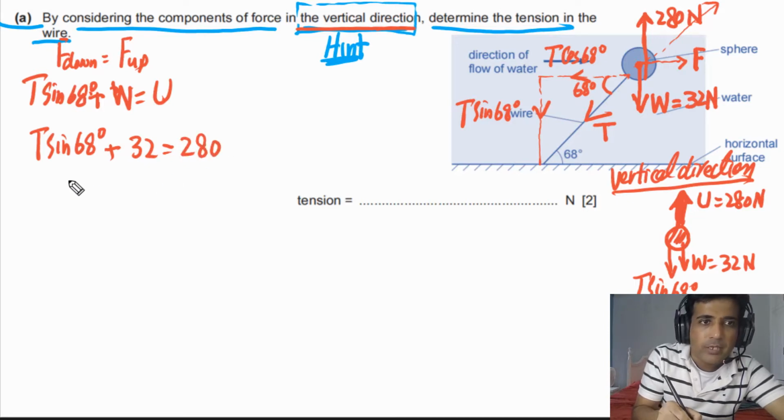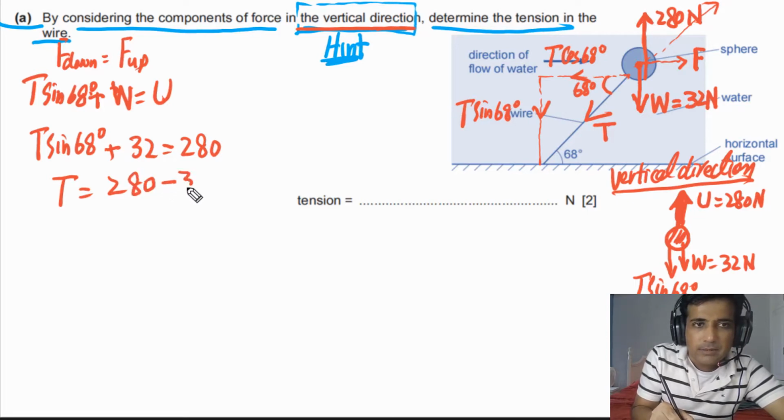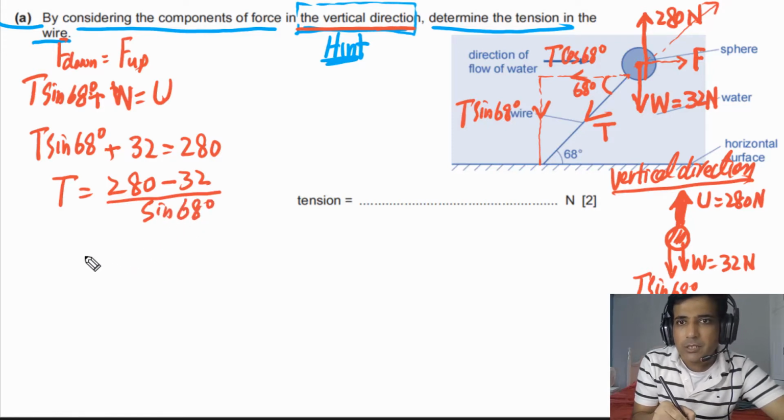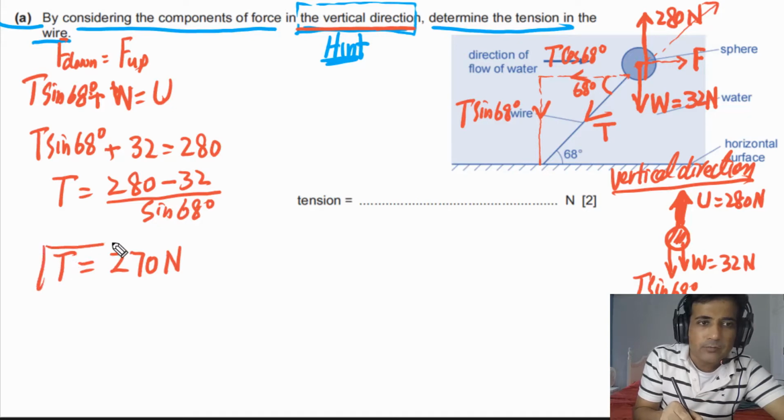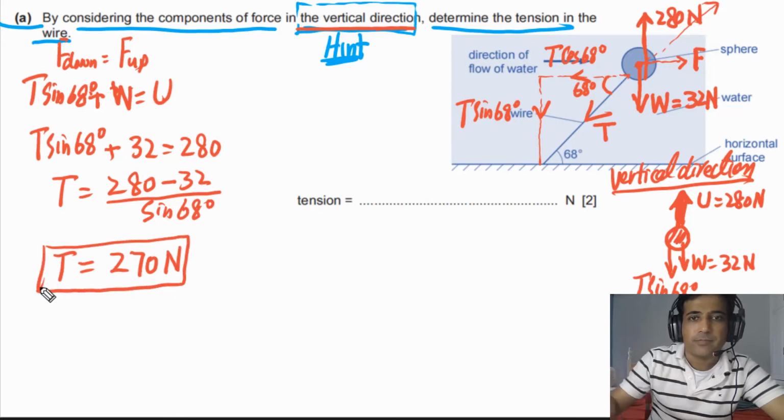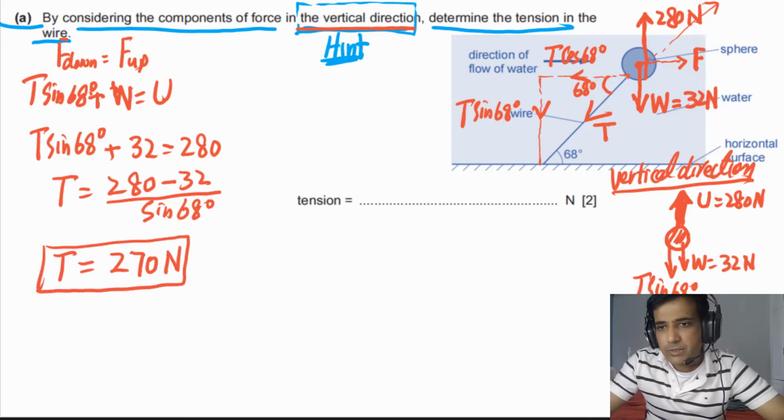We need to find the value of T. So simply we can write this is 280 minus 32 divided by sine of 68 degrees. If we solve this one, the value of T will be equal to 270 newtons. And this is the value of T, and this is our final answer. This is what the question was asking us to calculate.